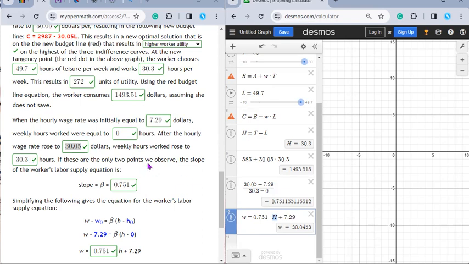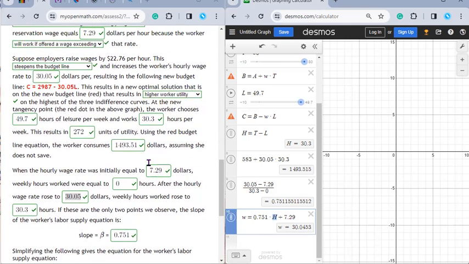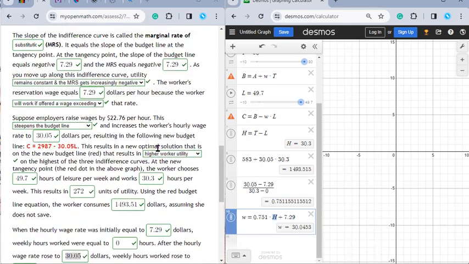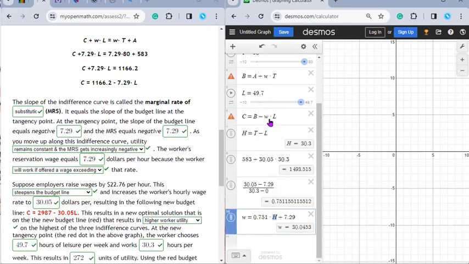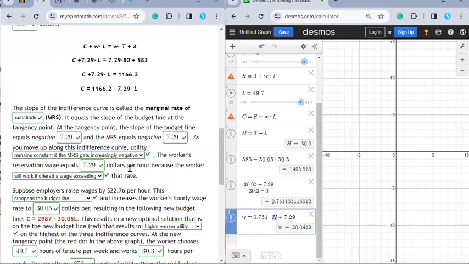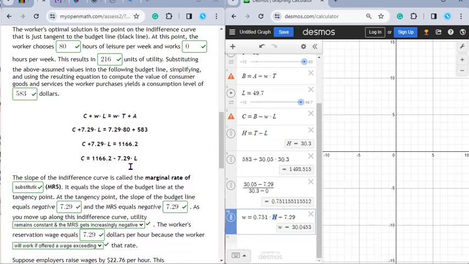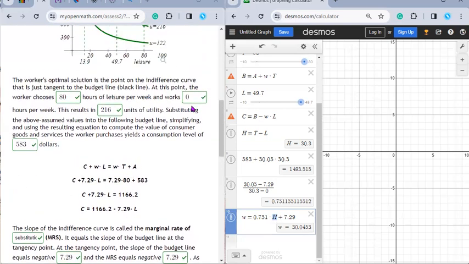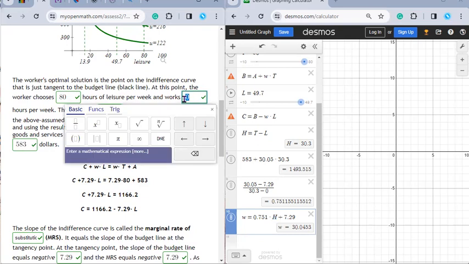What about the other one? What about when hours worked is 0? When hours worked is 0, leisure is 80.